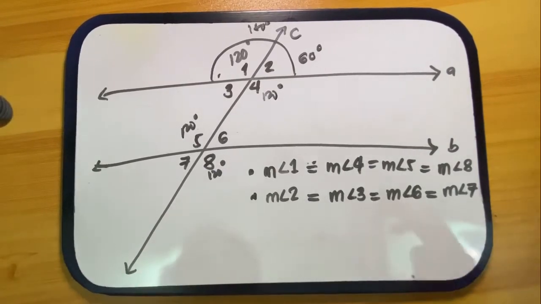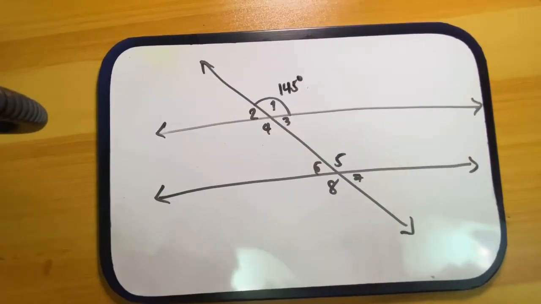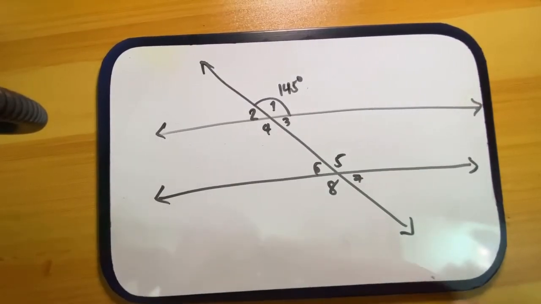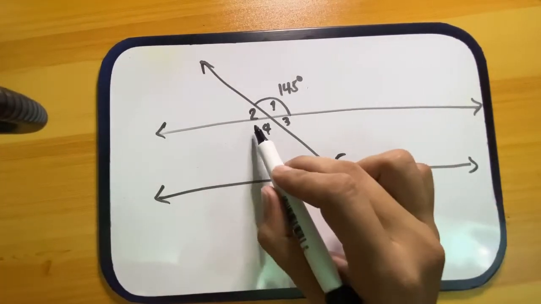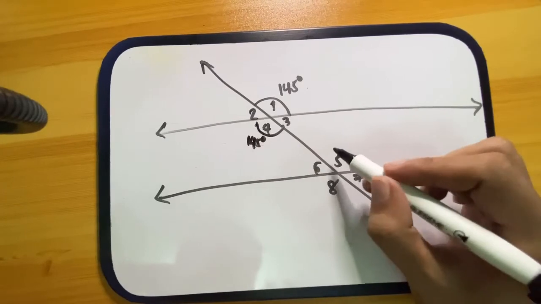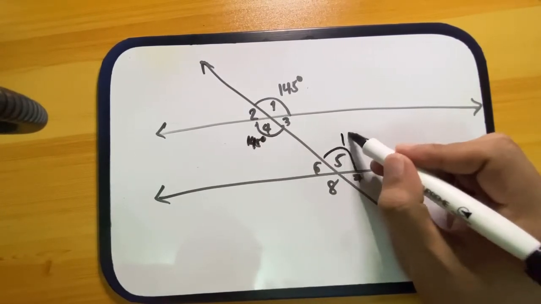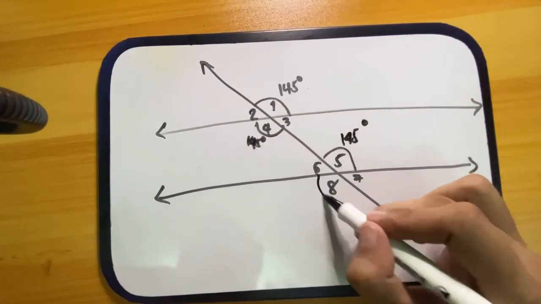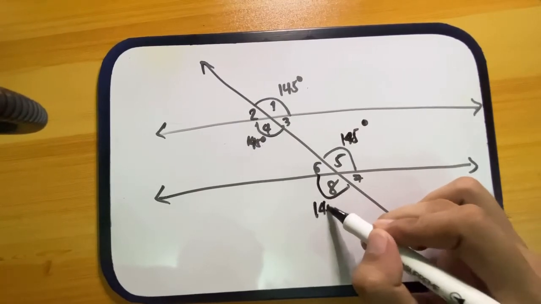Okay, so let's try another example. Okay, we have this example. Angle 1 is given or has the measurement of 145 degrees. So automatically, this angle 4 is 145 degrees also. The same with angle 5, and this angle 8, 145 degrees.